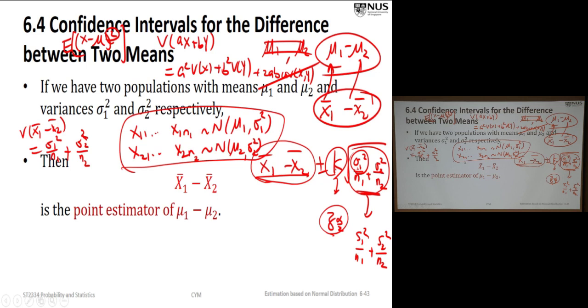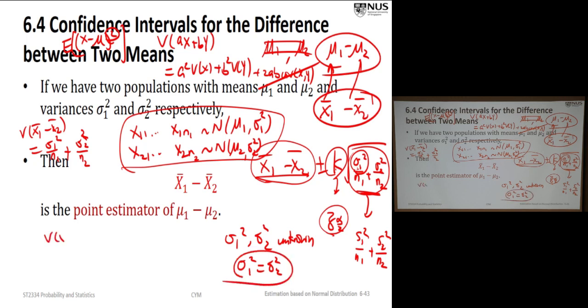Okay? And let me make it easy. So assume that these are unknown, but we know that they are equal. Will that help? Yes, it helps a lot. Now if they are equal, then what is the variance of x1 bar minus x2 bar?